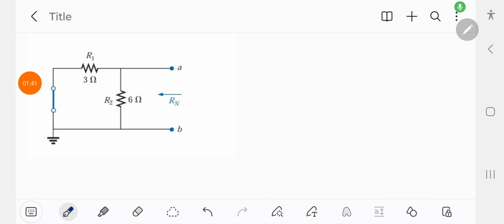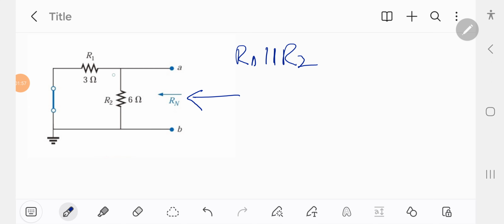In this circuit, if we look into this side, the R1 and R2 resistances are parallel to each other. When we start the current flow, the current will split into two parts. According to this phenomenon, these two resistances are parallel to each other.